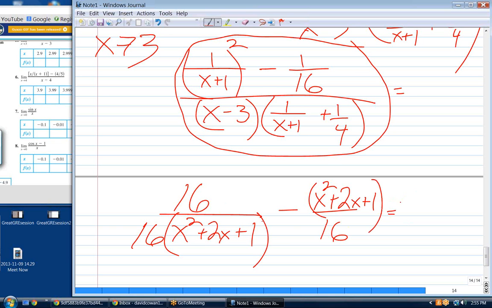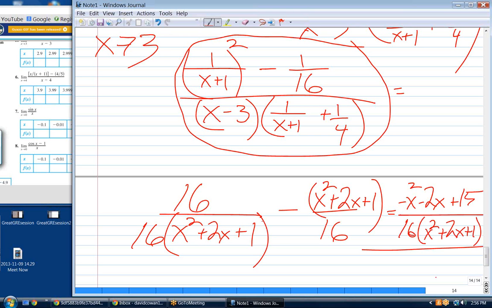Our numerator is now going to be minus x squared minus 2x plus 15, all over 16 times x squared plus 2x plus 1, all divided by this denominator, x minus 3 times 1 over x plus 1 plus 1/4. One thing I forgot about calculus is you need to leave lots of room.